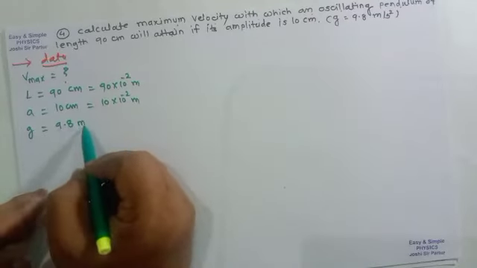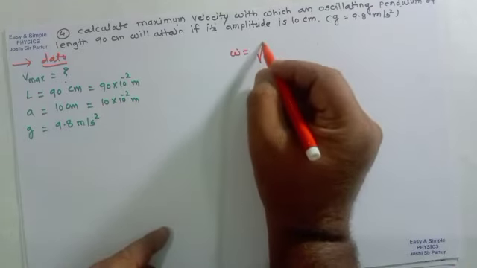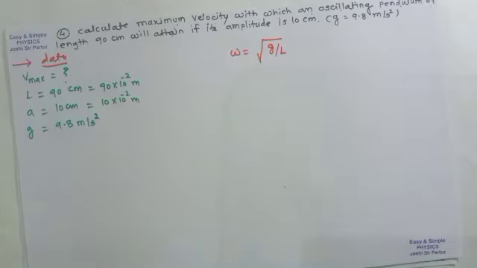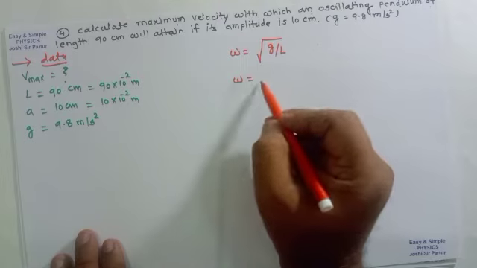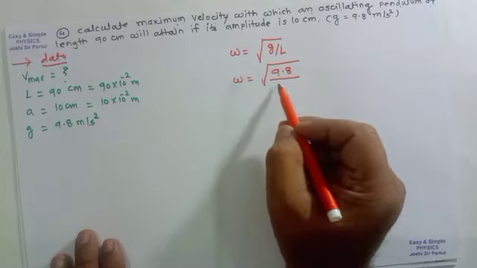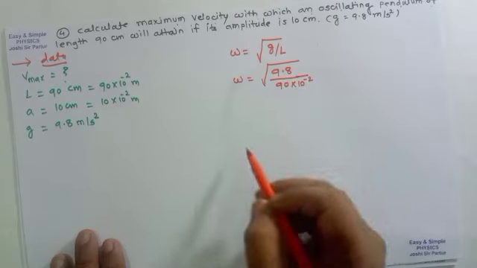In such an example, first we know that omega is equal to square root of g upon L. See here, omega is equal to square root of 9.8 divided by 90 into 10 raised to minus 2.